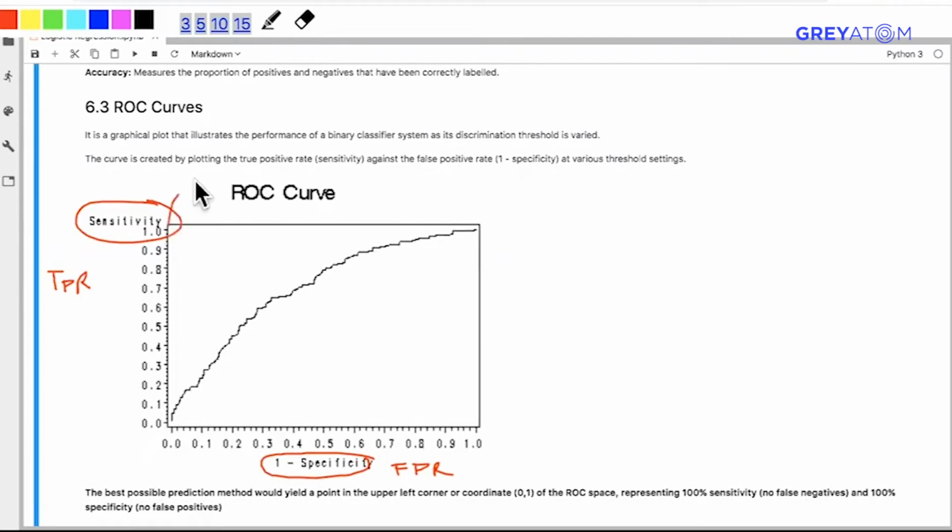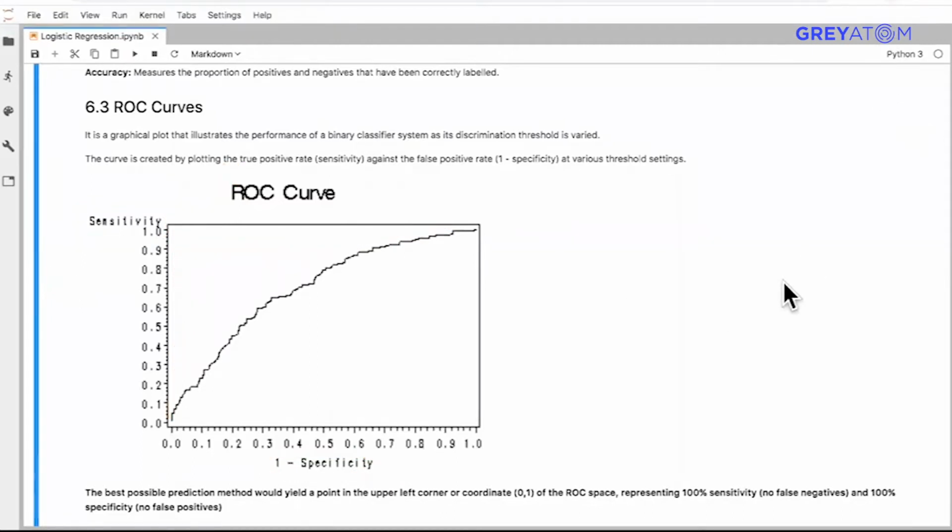So we want our curve to look somewhere closer to this point right here. If something goes like this, this is a pretty good model, because we are reducing false negatives here and false positives here as well. So we want our ROC curve to be as close as possible to 0 and 1. That's the only purpose of looking at ROC curves.